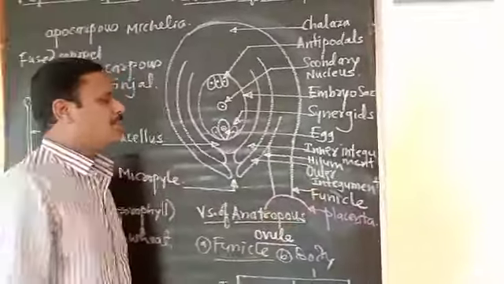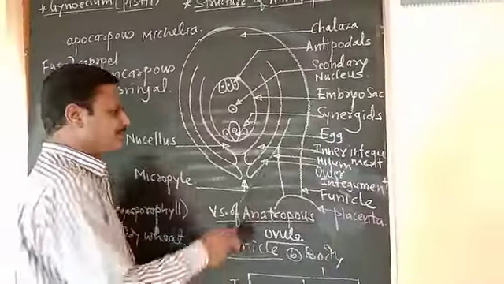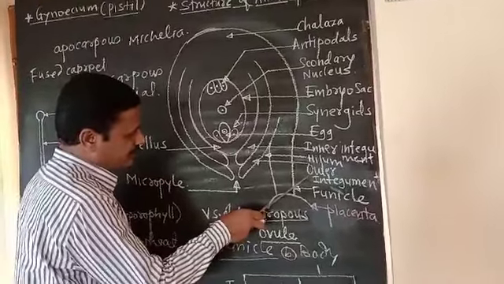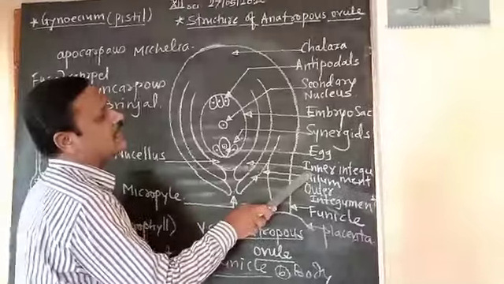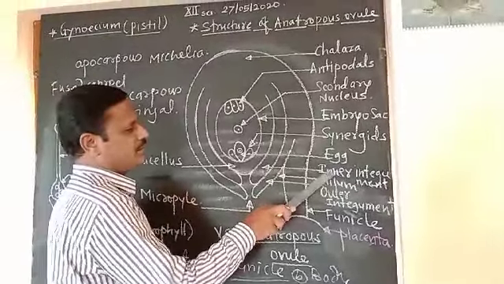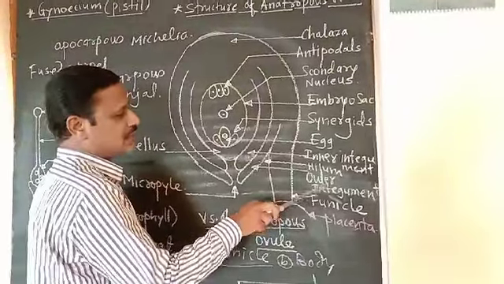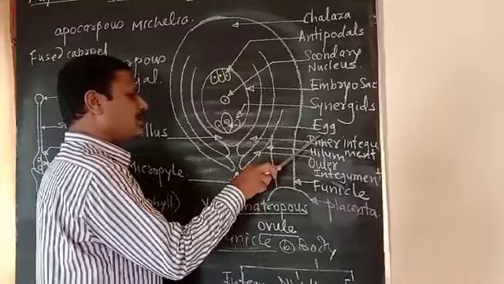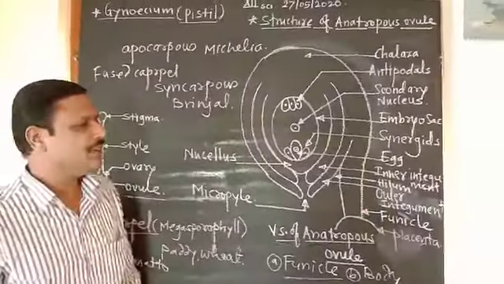Integument is made up of two layers: an outer layer and an inner layer. The outer layer is called the outer integument, while the inner layer is called the inner integument.